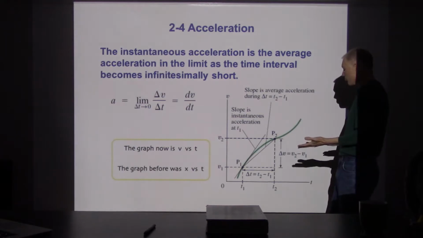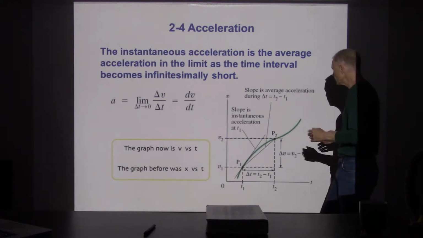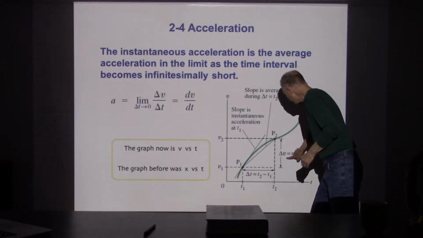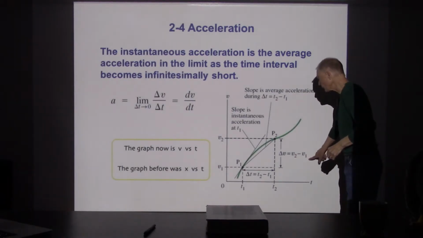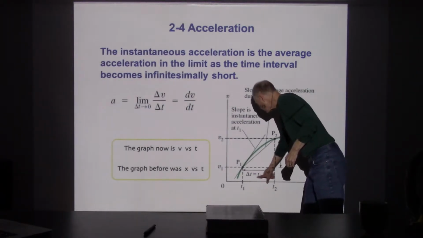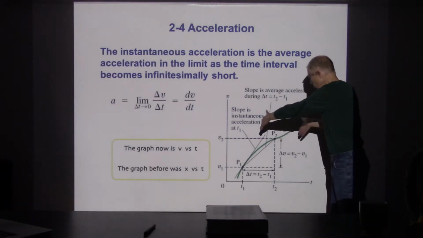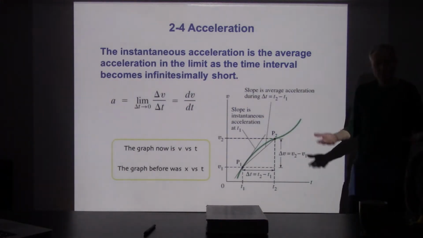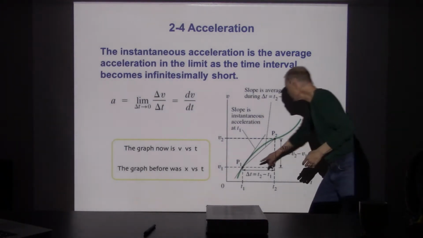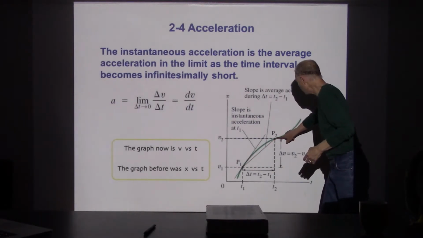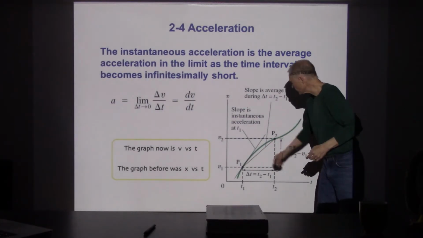If we want to average that effect, we take delta v, which is v2 minus v1, and divide that by delta t. This is rise over run, and that line connecting the points will have the slope of delta v divided by delta t.